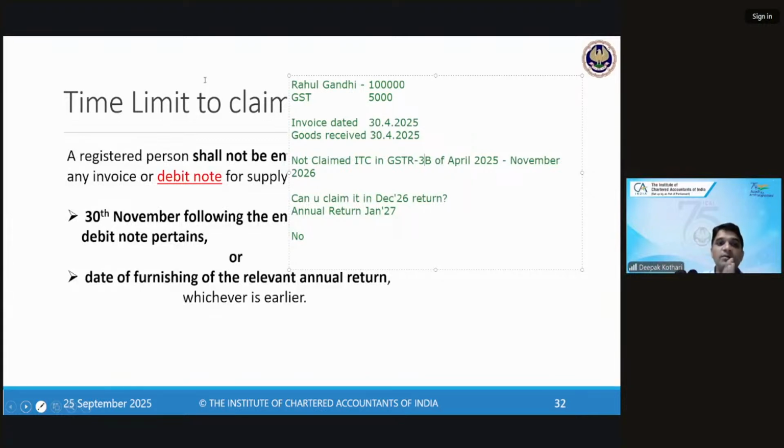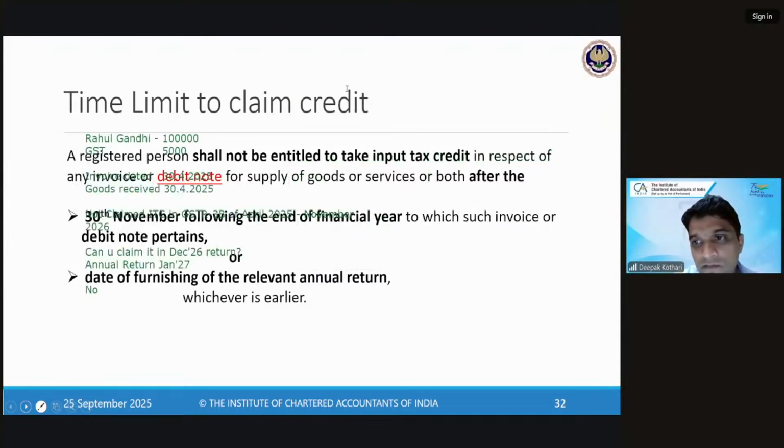So maximum you can claim it by 30th November. You cannot claim it later on. If it is missed by 30th November, or the party did not file GSTR, any reason, you have sufficient time, you can claim it till that. After 30th November, you can't claim it. Clear? Now, with the examples, this provision is clear.